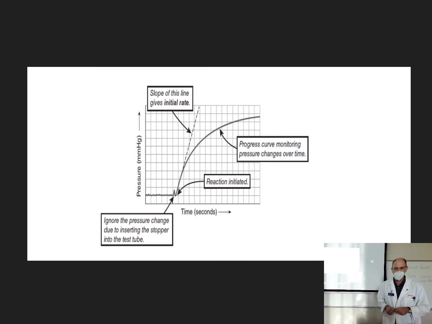So we're going to look at how altering substrate concentration affects the rate of the reaction. Your basic graph is going to look like this. You're going to have hydrogen peroxide concentration, that's your independent variable, and your dependent variable will be catalase activity, which will be millimeters of mercury per second.